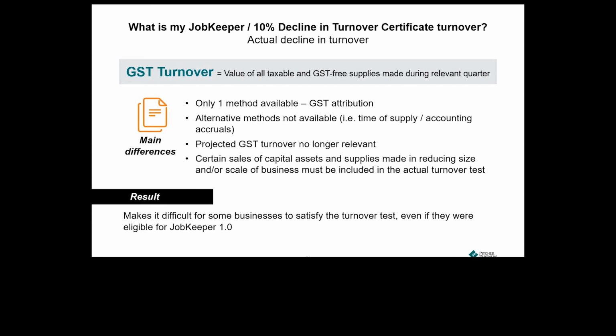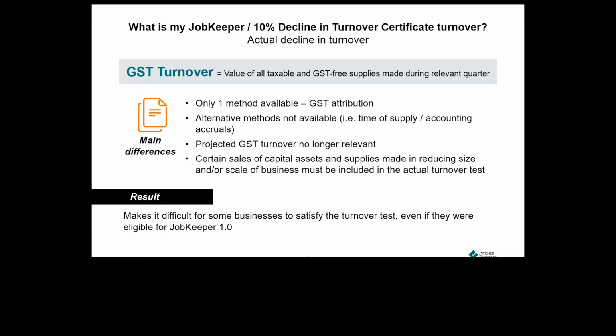It may mean that it could be difficult for some businesses to satisfy the actual decline in turnover test for JobKeeper 2.0 purposes, even if they were eligible for JobKeeper 1.0, possibly because they have made a sale of a capital asset or another supply of a significant nature in the relevant turnover test period, which could mean that they won't satisfy the 30% threshold or the other relevant decline in turnover threshold that applies to them as an employer.